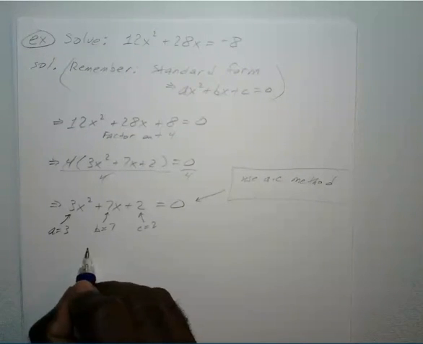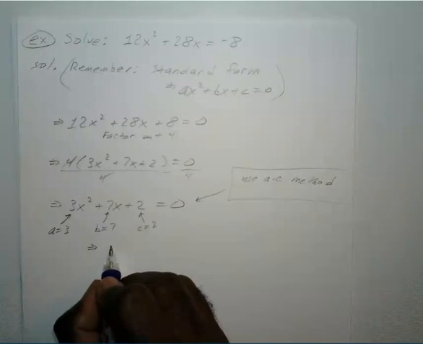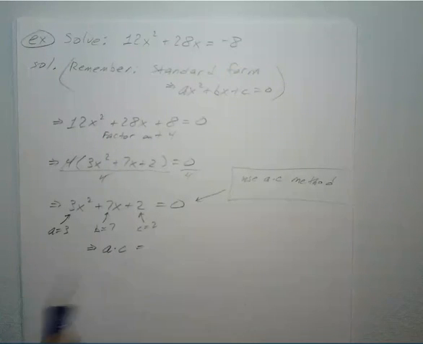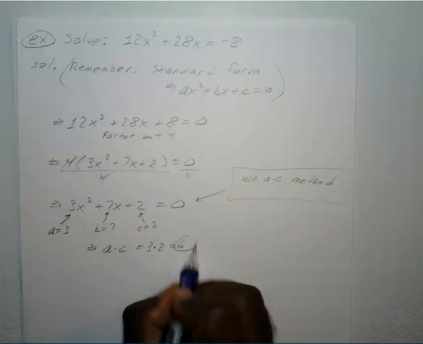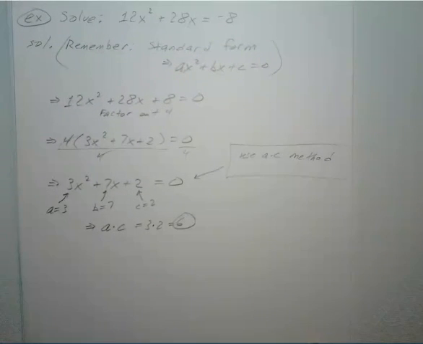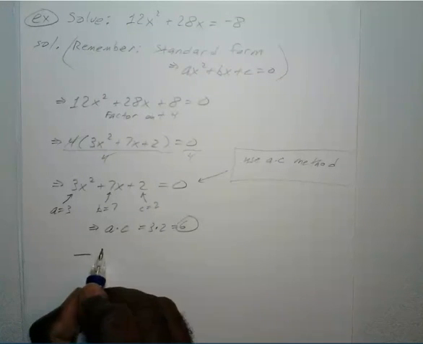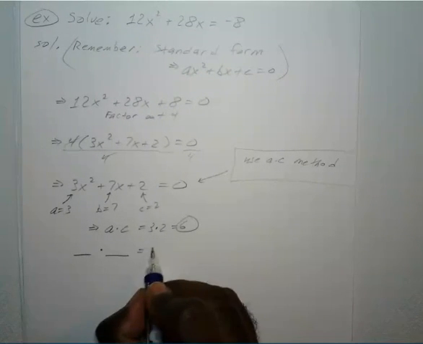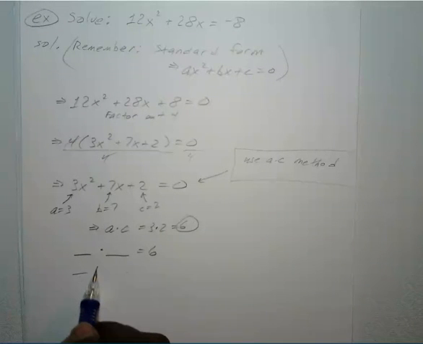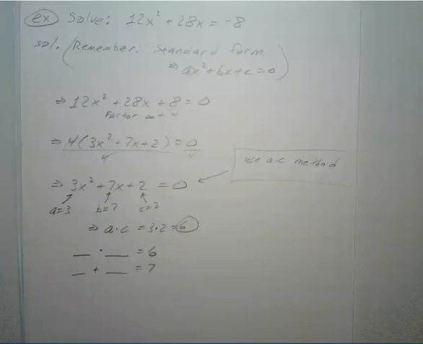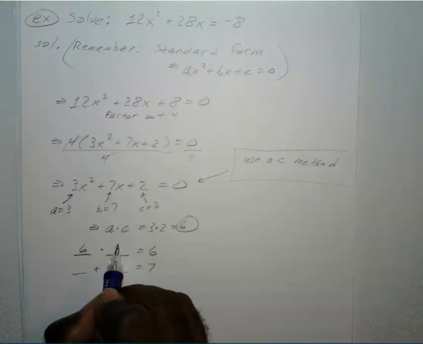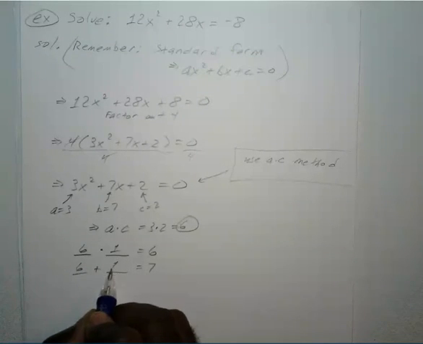So the first thing we have to do in the a times c method is find a times c. So a times c is 3 times 2, which is 6. Okay, so we have to find two numbers that multiply to equal our a times c, and add to equal our b. So in this case, 6 and 1 works, because 6 times 1 is 6, and 6 plus 1 is 7.